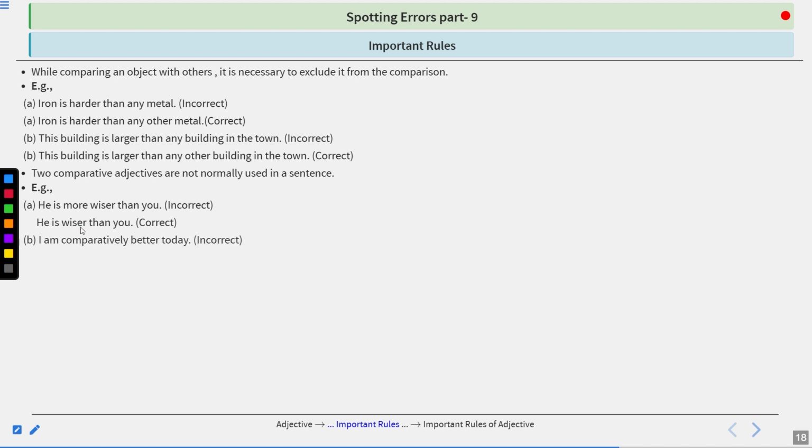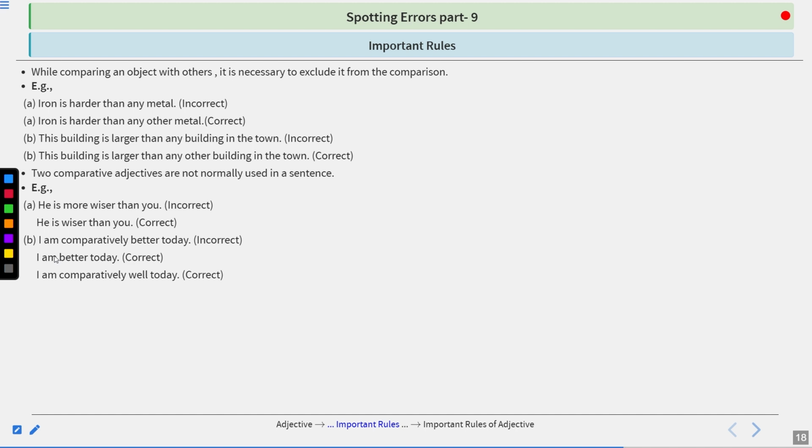"I am comparatively better today." Here we have used comparatively, and again we have used better. Comparatively itself expresses comparison, so why do we need it? It is incorrect. You can say, "I am better today." Or you can also say, "I am comparatively well today."